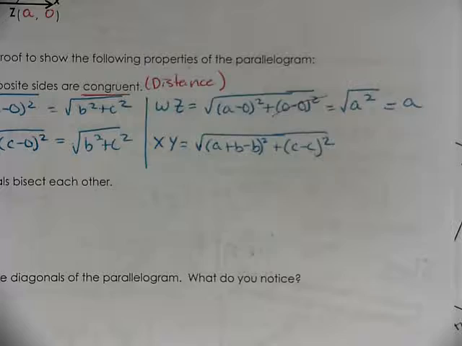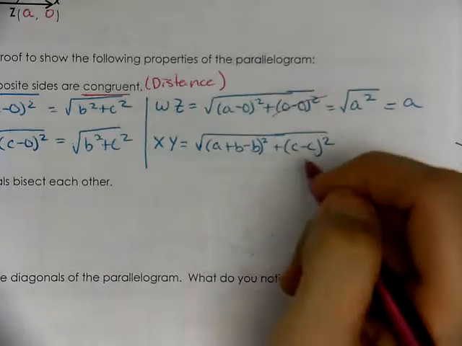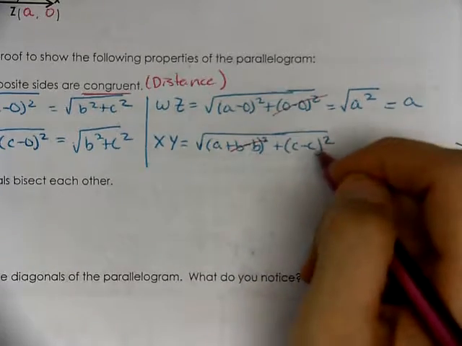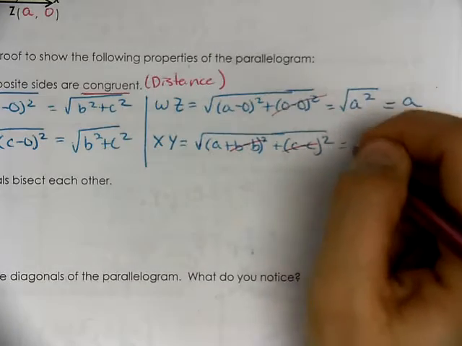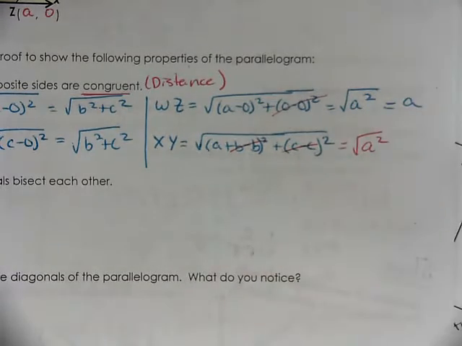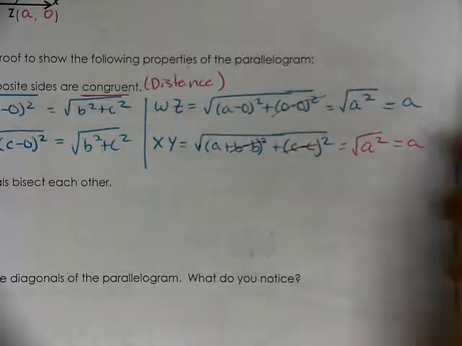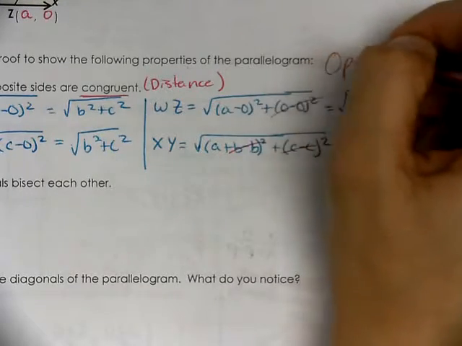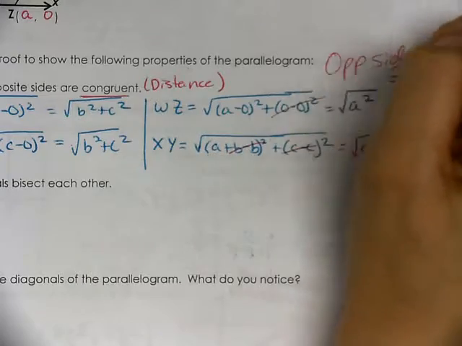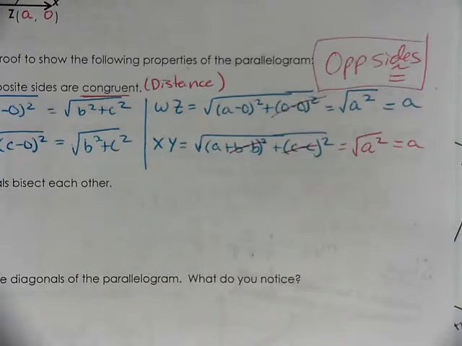What cancels out here? And so we get the square root of A squared again, which turns into A. So we have opposite sides congruent. So there's our coordinate proof.